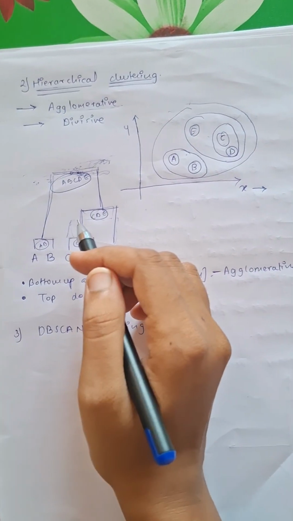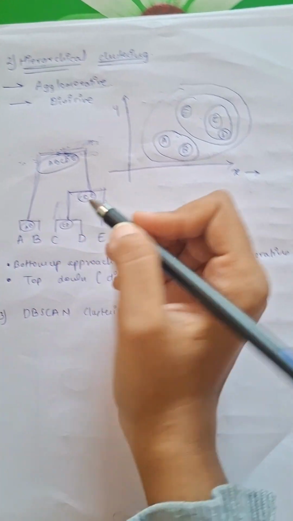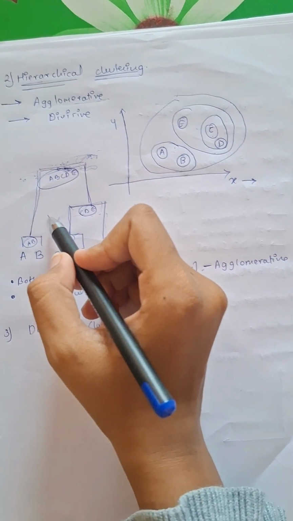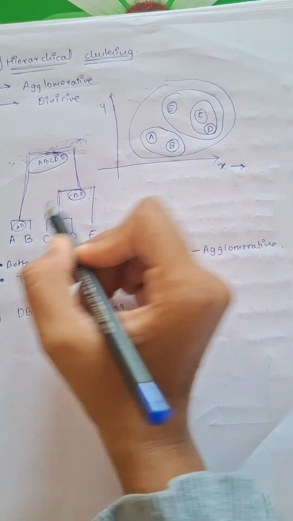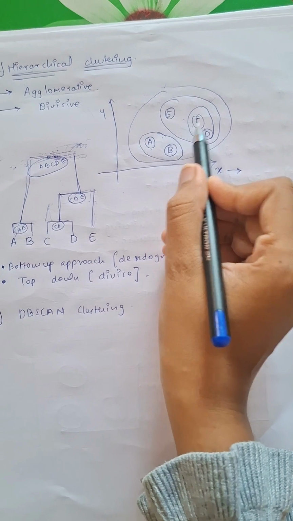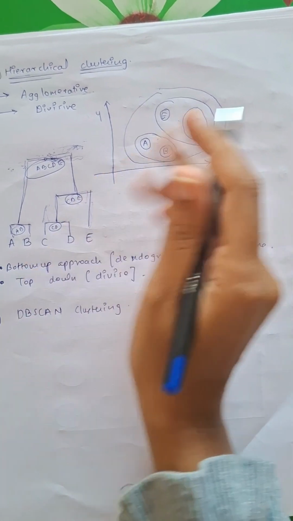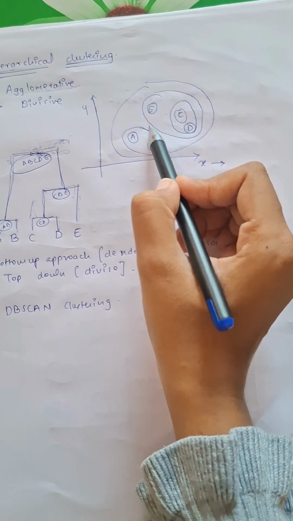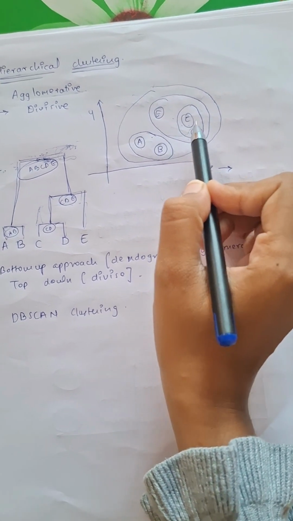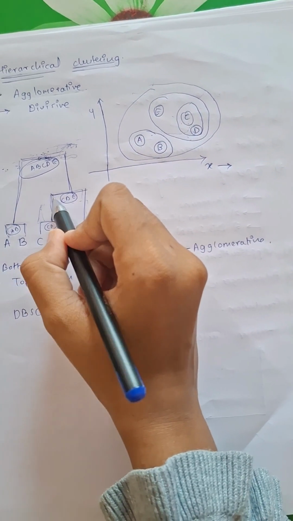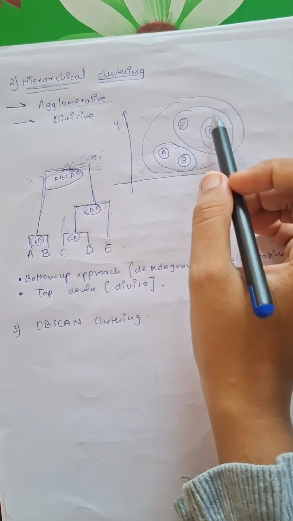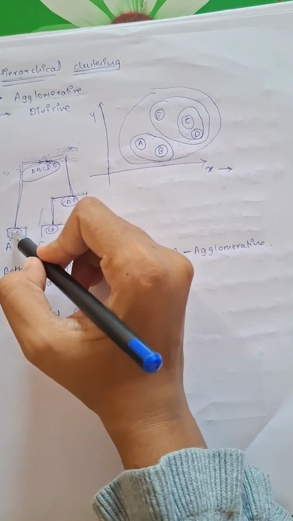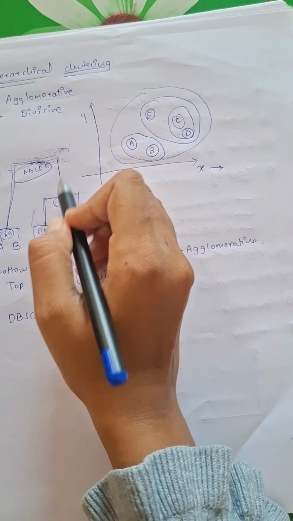Similarly, we are going to create a dendrogram, which is a bottom up approach. So we clustered A and B, right? Then we clustered C and D. Later on, we took E also, and we clustered D, E. Then we took the whole thing, so A, B, C, D, E will be clustered.